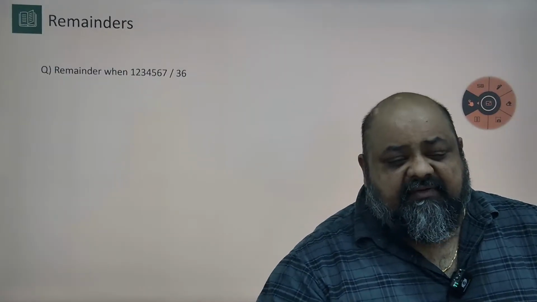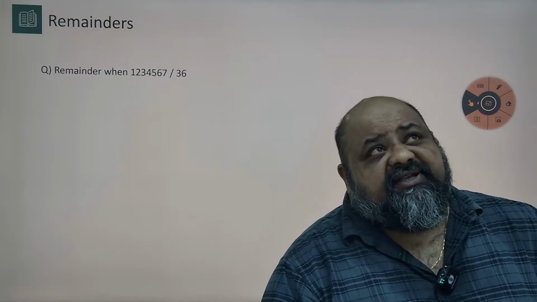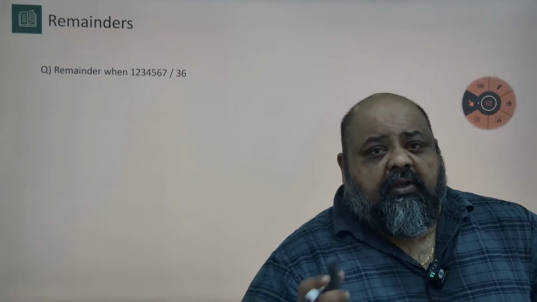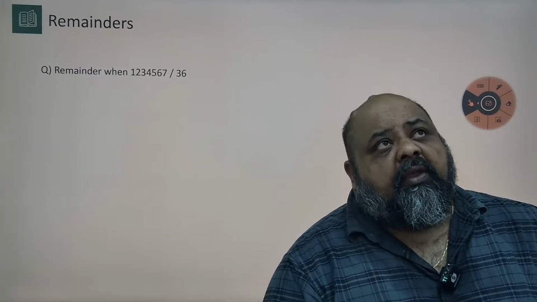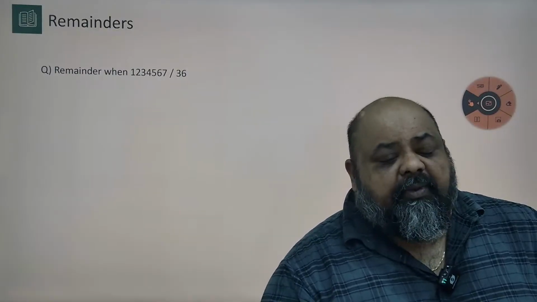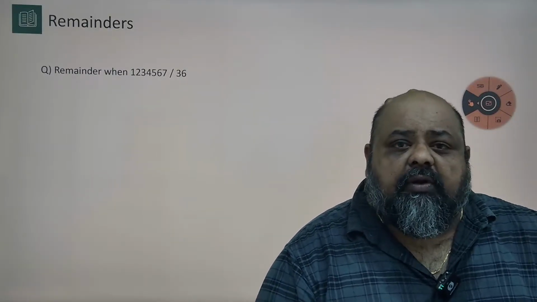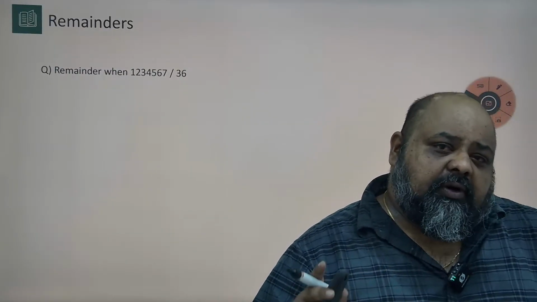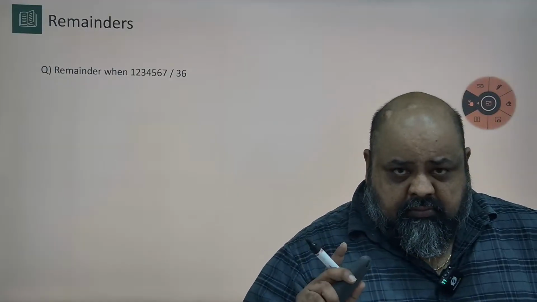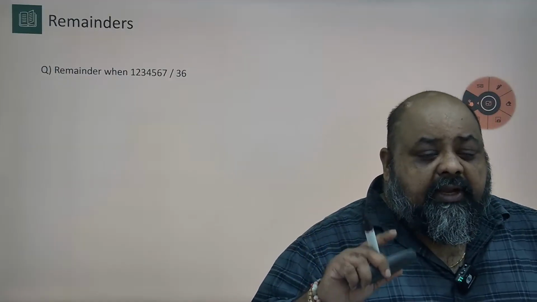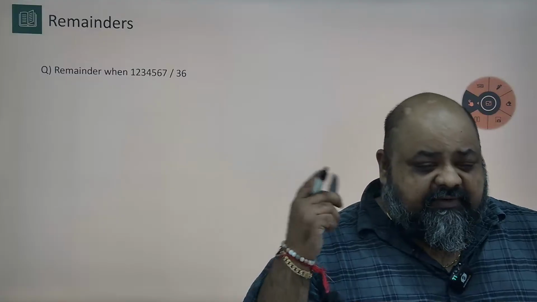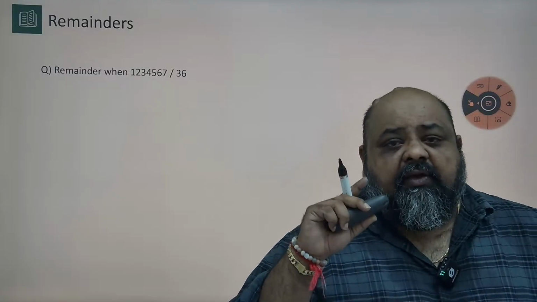Anything divisible by 18 will be divisible by 2. 36 can be written as 12 and 3. The common factor is 3. 6 into 6, they are both common. 9 into 4, 9 and 4 have nothing in common, they are co-prime numbers. 9 into 4 is absolutely perfect. In the chat someone has written 4 into 9, which is perfect. 4 into 9 is 36.